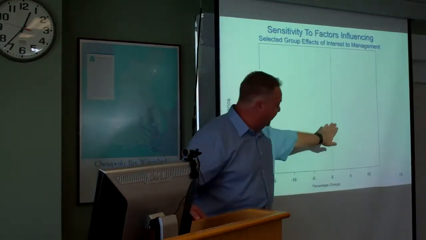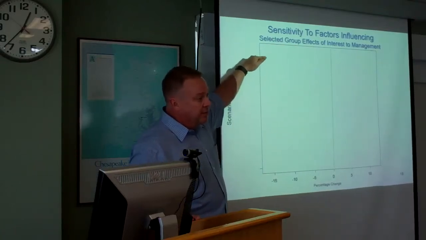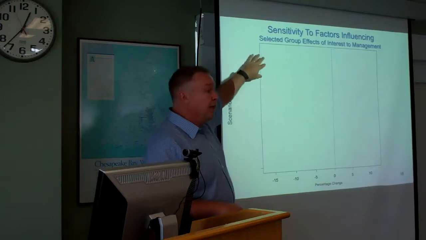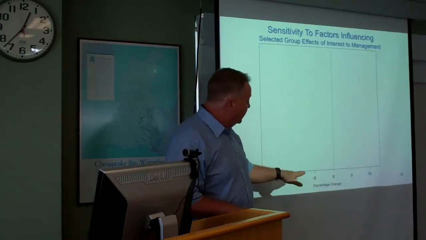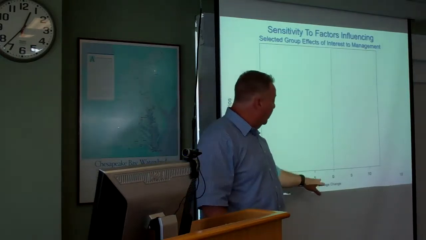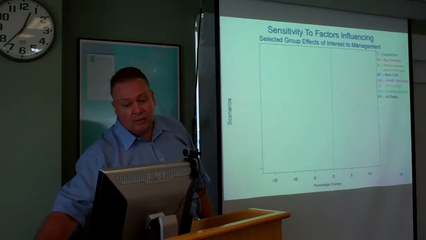And then we're going to look at the different scenarios on the y-axis. I'm going to have them simulated singly at first, and then in combination with one another. This is simply percentage change expressed on this plot from that single status quo scenario.